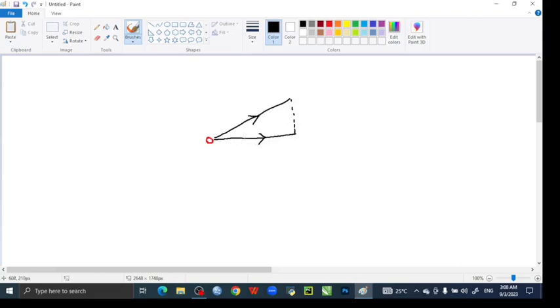Let's say it's going to this point B. So this is my vector B, and this is my vector A. If that be the case, then we're going to be having A plus B here. That's one of the properties.